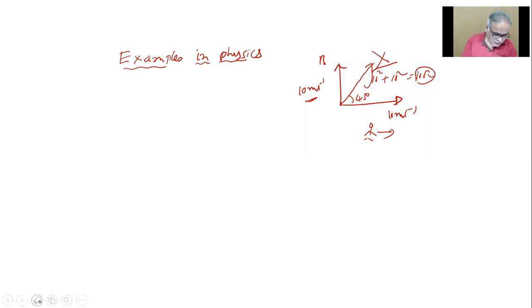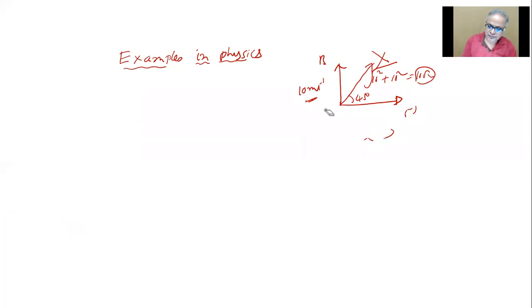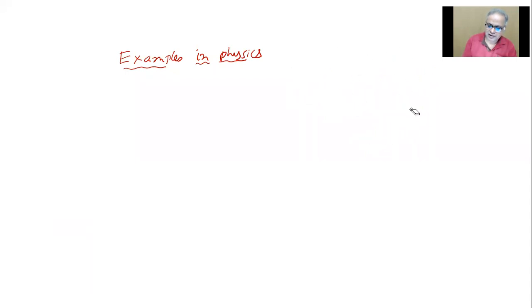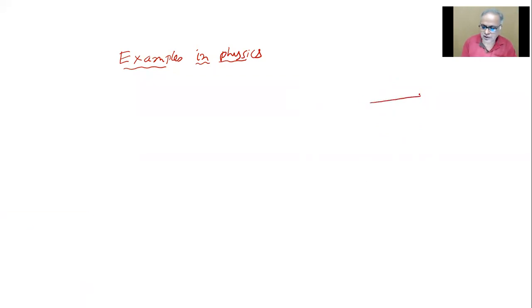But in future, I'll show you something very interesting, which I'll do in the difference of two vectors, for example. The same question I can ask in a slightly different way. Now, look at this, a very interesting thing comes. A is going this way with 10 meters per second, a real person. B is going like this with 10 meters per second. Now, if I ask you, what is the velocity of B with respect to A?